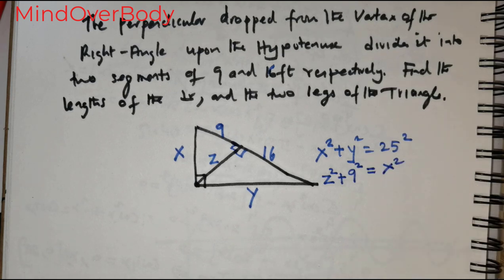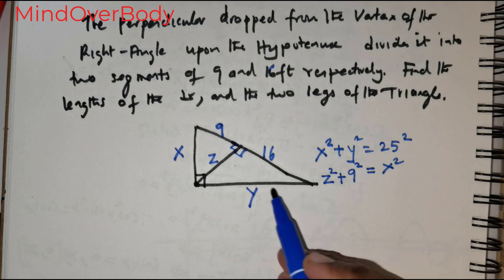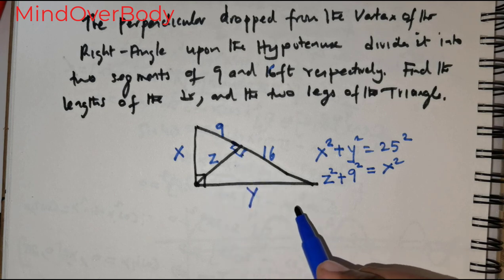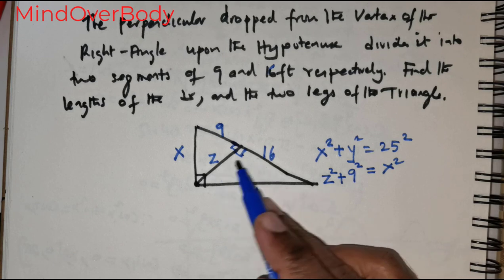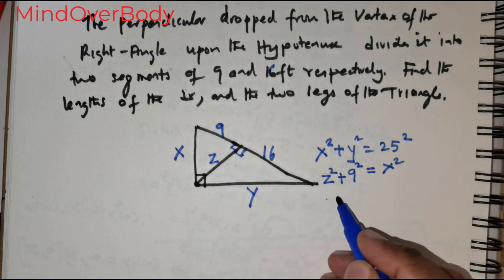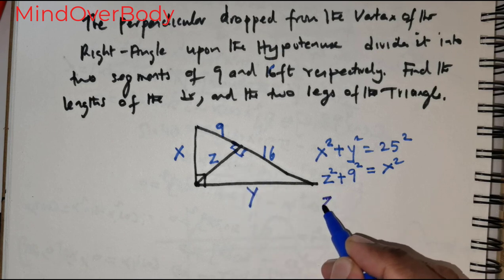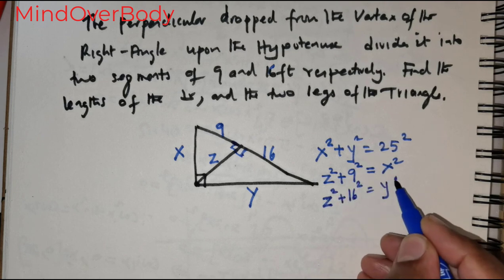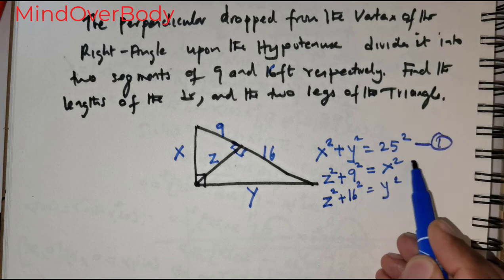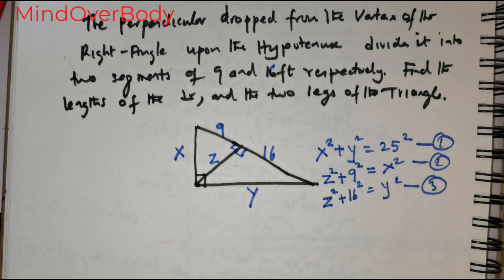I can do that. Now let's consider the other right triangle. So this is 90 degrees. These two sides can be summed up with the other side being the hypotenuse. So this is going to be z squared plus 16 squared is equal to y squared. So I've got equation 1, equation 2, equation 3. I need to solve these three equations.